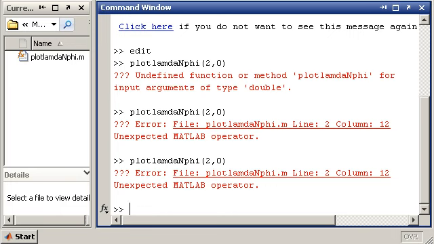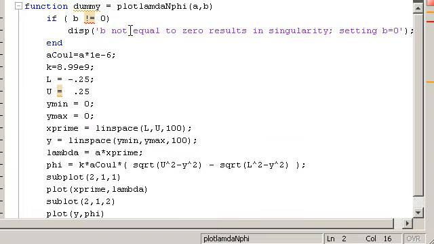Alright. Still doesn't like it. Column 12. Which column am I in? 17. 12 is right there, so apparently that's not how you do the not equal.